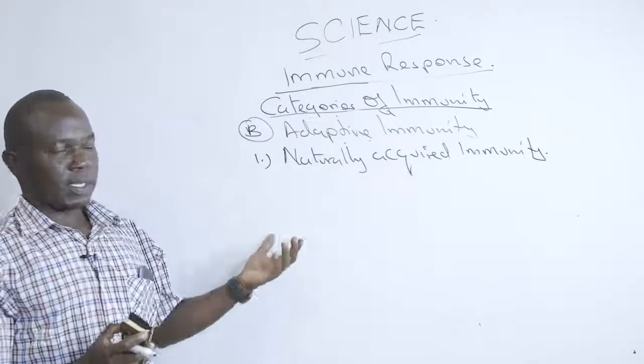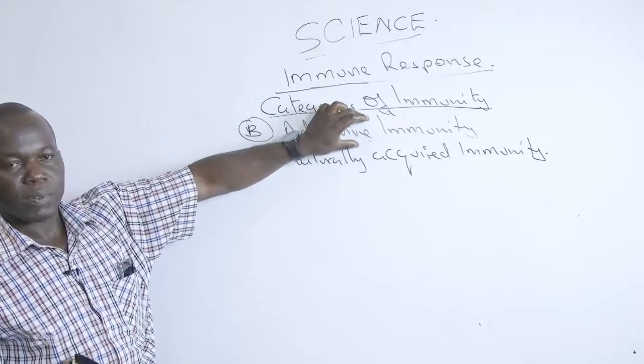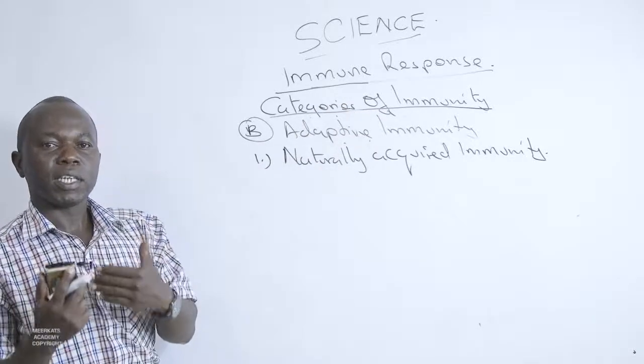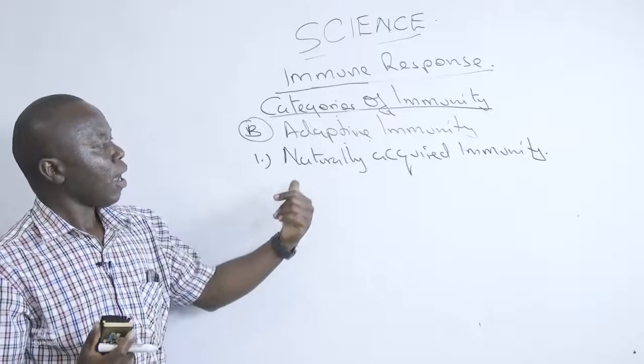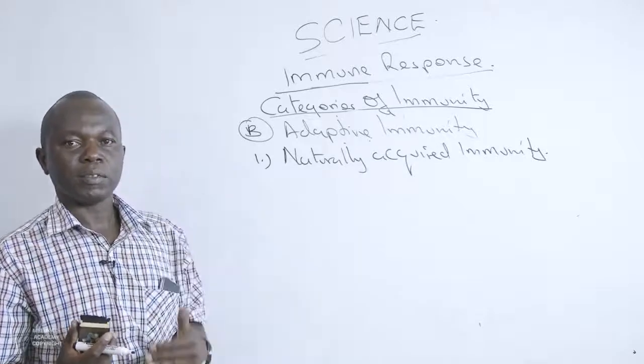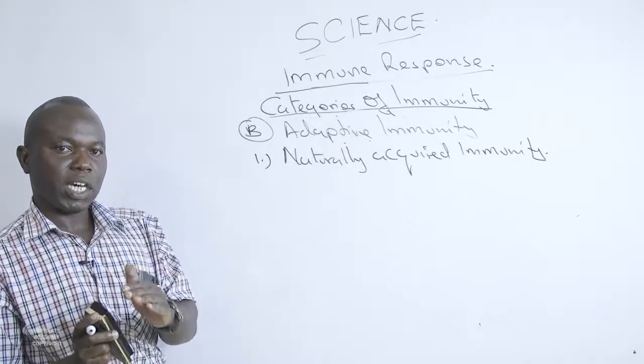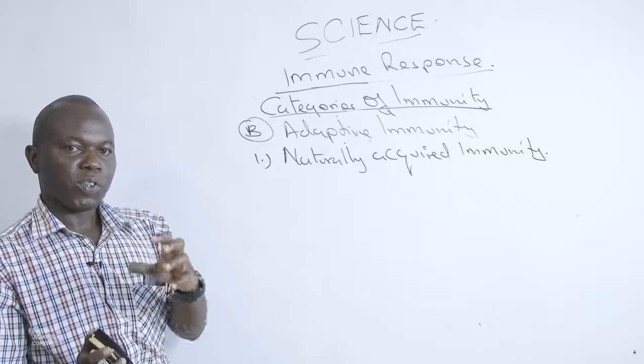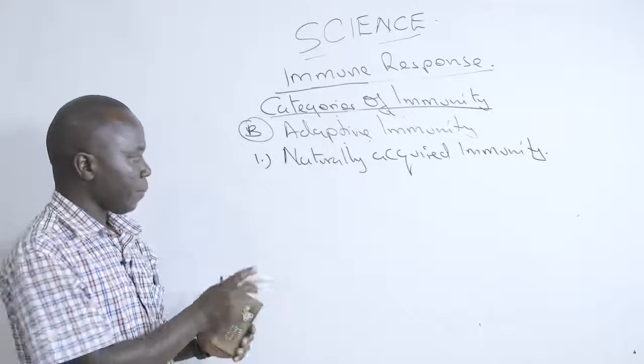So naturally acquired immunity is, in fact, what we have just explained above. Naturally, the body is exposed to the pathogen and it produces antibodies. But the structure of the pathogen is retained in memory cells for use any other time.